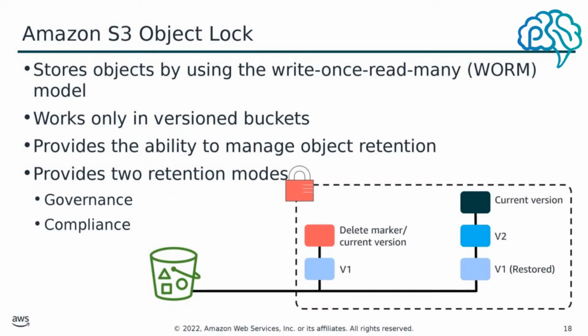Also, there's something called object lock, which is also a great capability in that you can actually have a write once read many model. This is called WORM, and this is a layer of protection where it's important that the data is never mutated. The feature can provide protection for a fixed amount of time or even indefinitely.